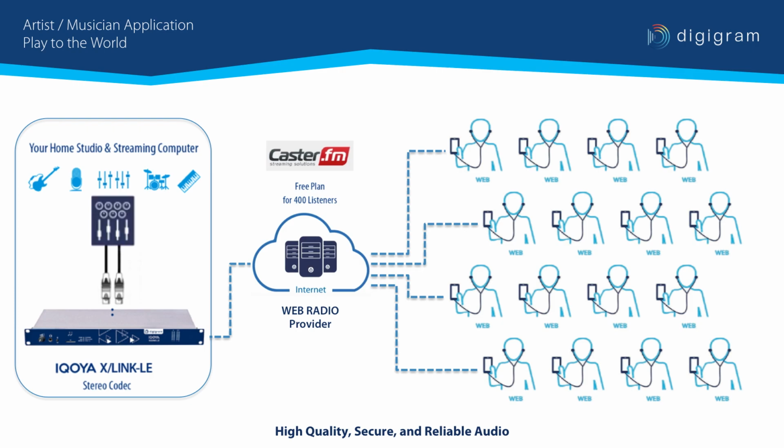It's not going to sound like your typical software codecs that you use. And the connection between your home and the web streaming service is going to be very rock solid based on the Fluid IP engine that we talked about.